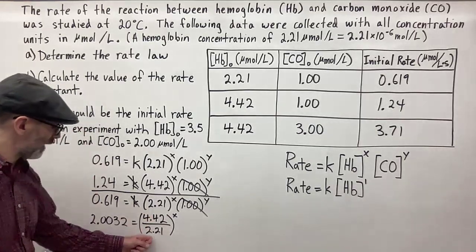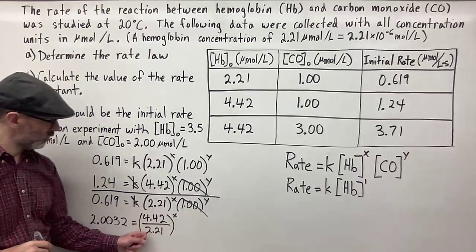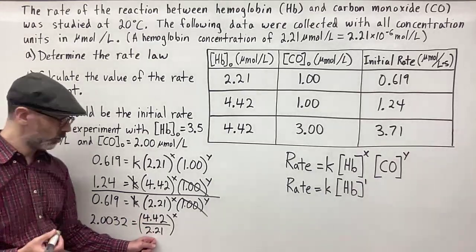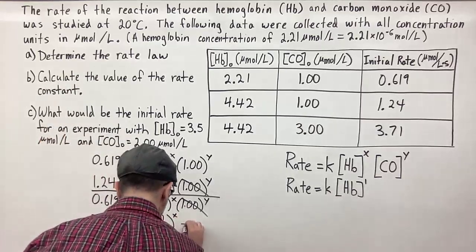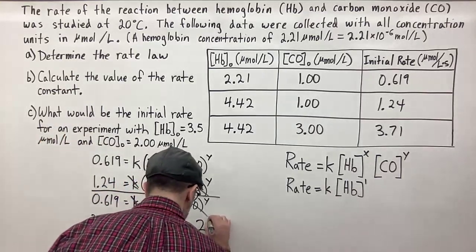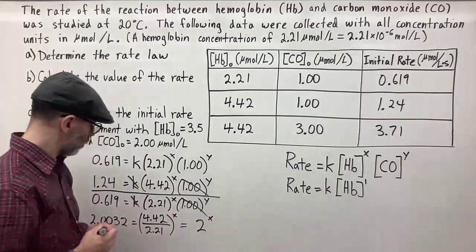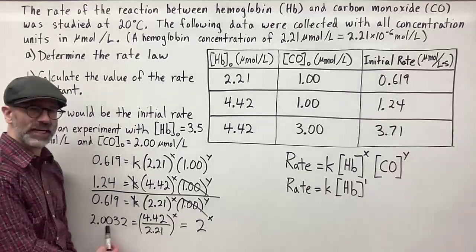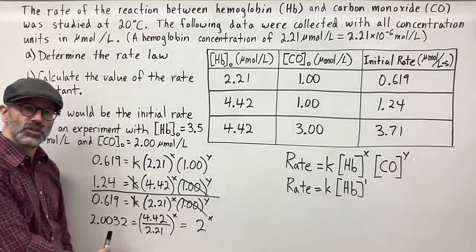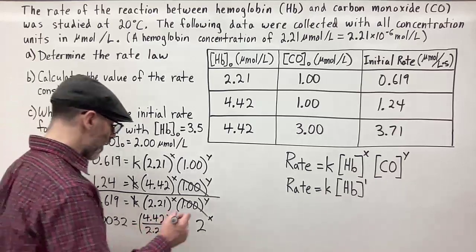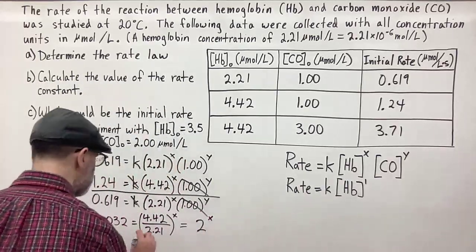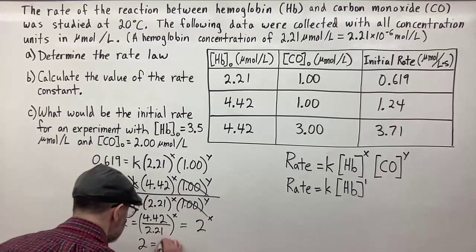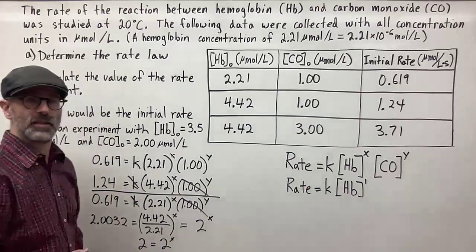So then if we divide this, obviously this is 4.42 divided by 2.21, that's going to be double. So then this is going to be equal to 2 to the x power. But notice here that 2.0032 is really close to 2. So if we round that, we get 2 is equal to 2 to the x power.